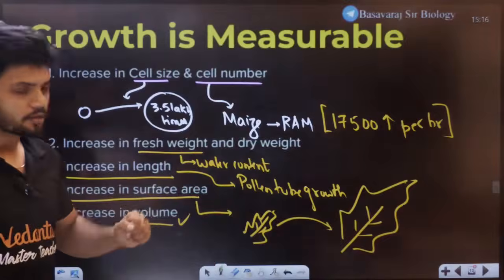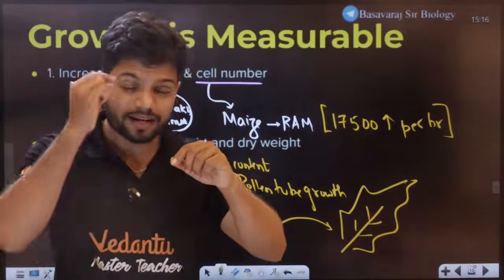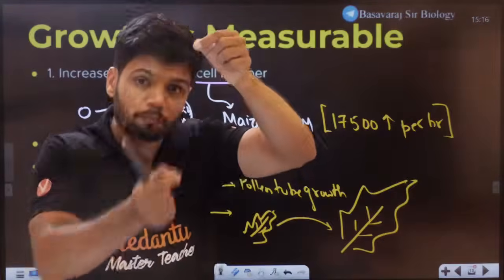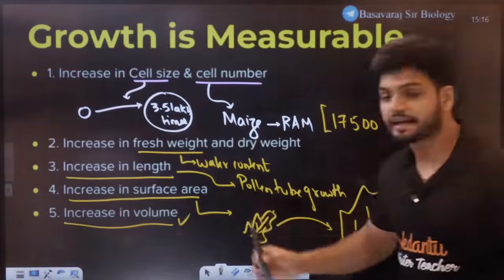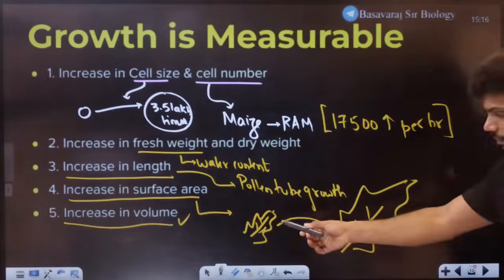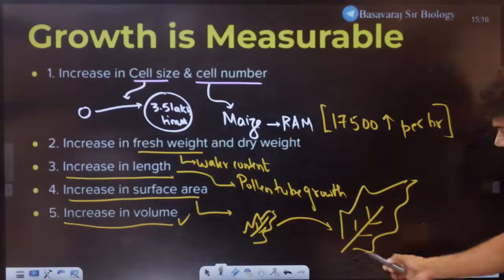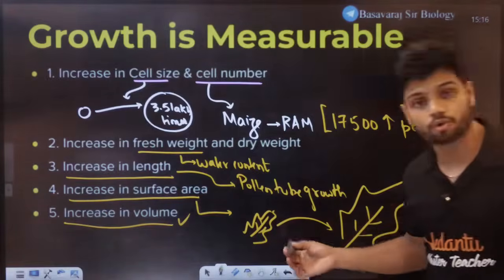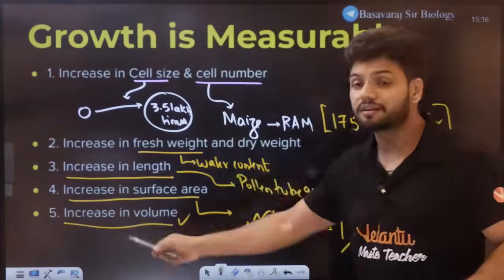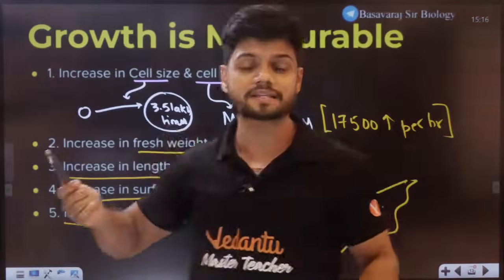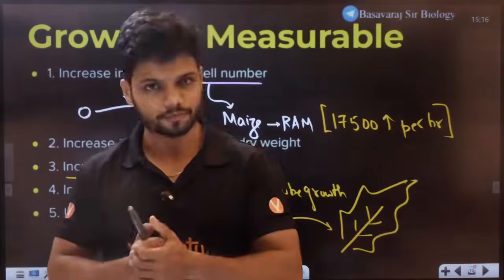You can actually see the growth of a pollen tube. Then increase in surface area, एक leaf छोटा सा उसके बाद बड़ा leaf हो गया, so there is an increase in surface area here, that is also growth. Increase in volume, done. So all of these are different ways to measure the growth of a plant.